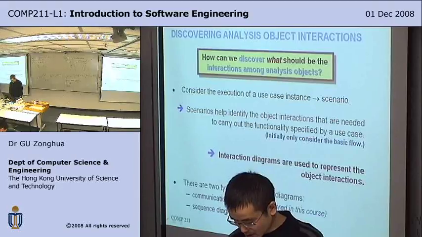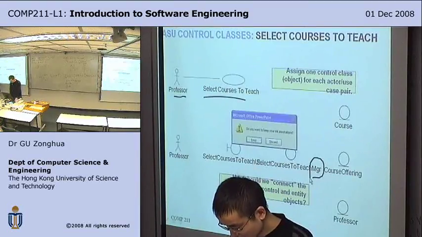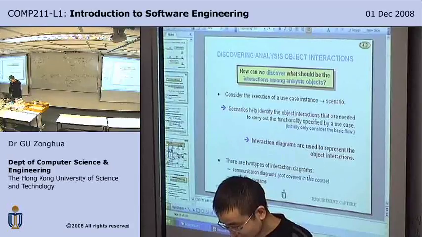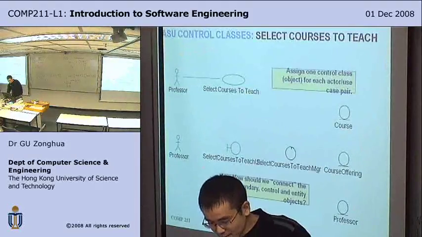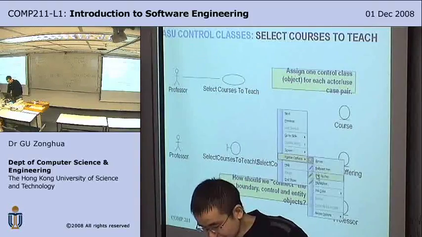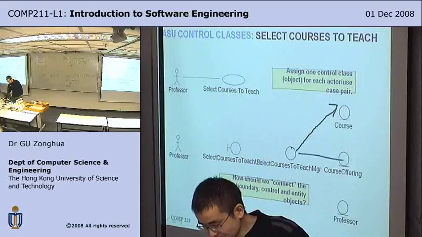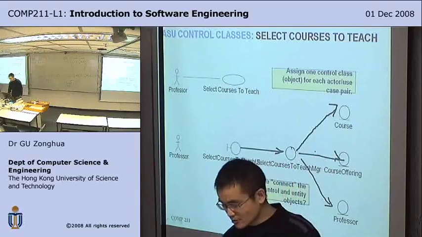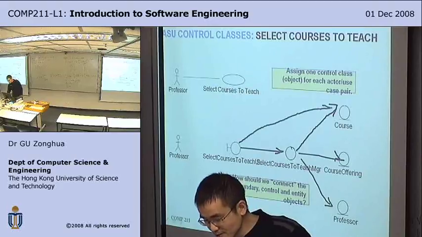Let me see, I think I skipped some slides. So the connection is typically from control to entity, and from boundary to control. Sometimes you can have a boundary to entity directly.